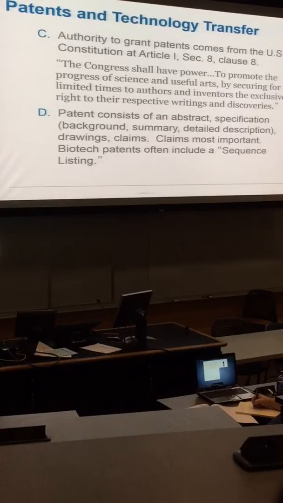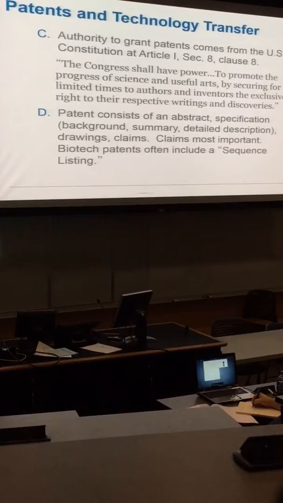And so what is fostered from this is a whole industry that is directed to acquiring patents. And the Congress has promulgated rules and regulations about what a patent is, and we'll take a look at one. But basically, it's a lot like a scientific paper. There's an abstract, a specification, which includes the background, a summary, a detailed description, and drawings, and what are called claims.